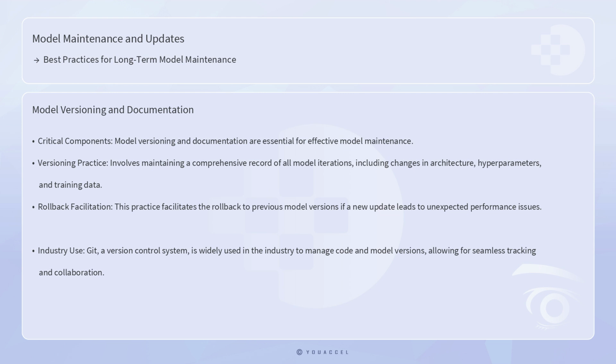Proper documentation ensures that all stakeholders, including data scientists, engineers, and business leaders, have a clear understanding of the model's evolution. This transparency is vital for troubleshooting and enhances collaboration across teams. Git, a version control system, is widely used in the industry to manage code and model versions, allowing for seamless tracking and collaboration.